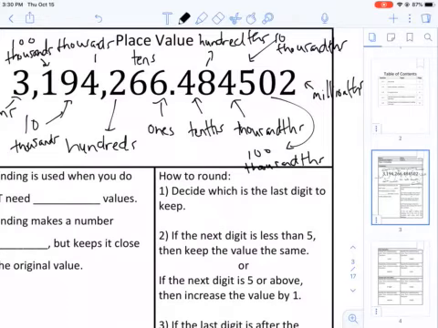All right, so there's the place values. So we're going to use those.